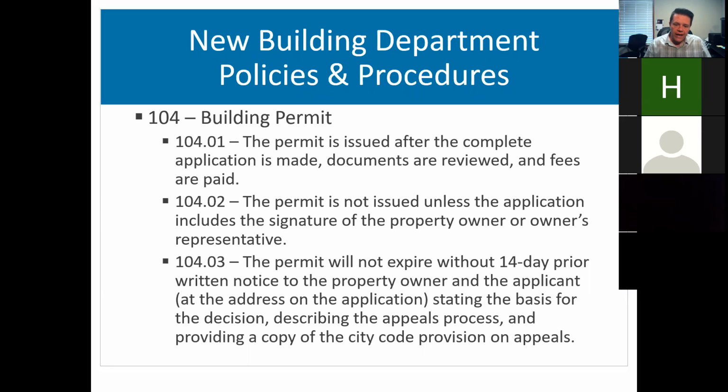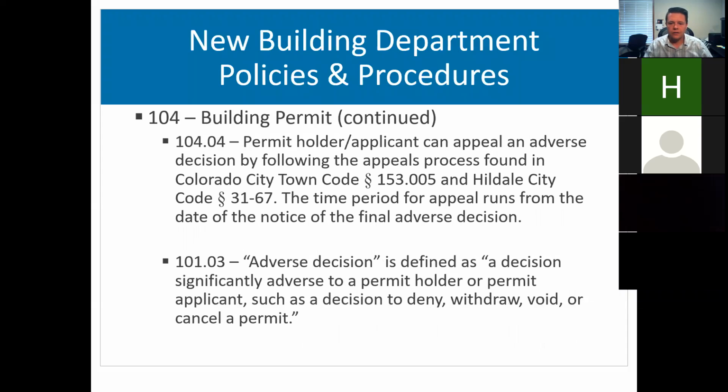Anyhow, before any permit can be revoked or canceled or considered expired, there has to be 14-day notice, and there has to be an opportunity for the applicant to appeal any adverse decision. And those appeals processes are in our code. There is a deadline for someone to file an appeal, and it runs from the date of the notice of the final adverse decision.